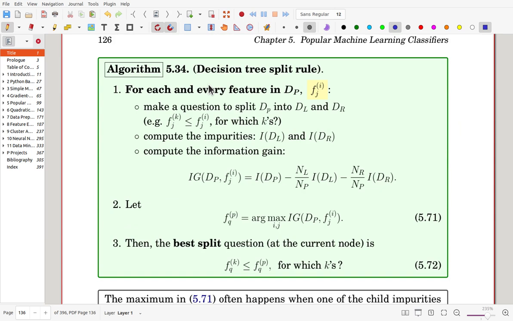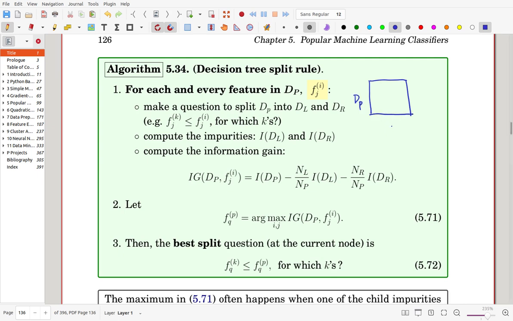So that is now the decision tree split rule. Along with this rule, the question will be selected. For each and every feature in the parent data set, so each level, here that is D_P.